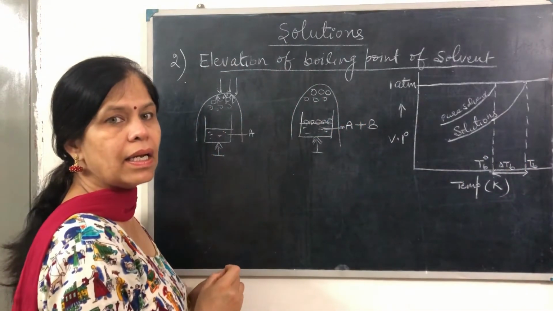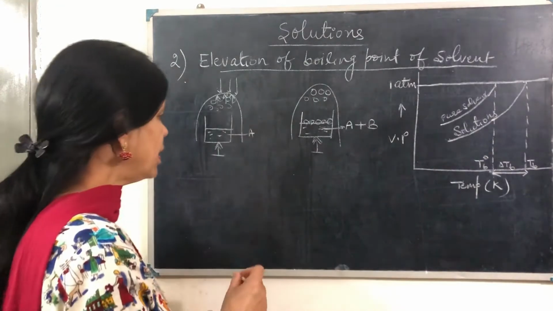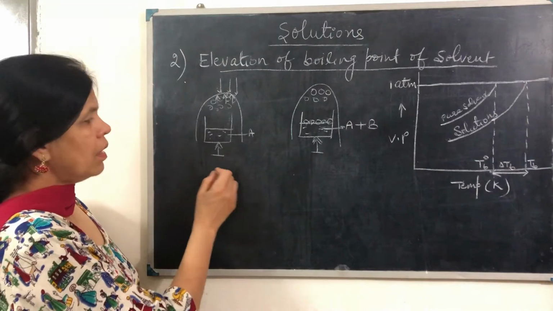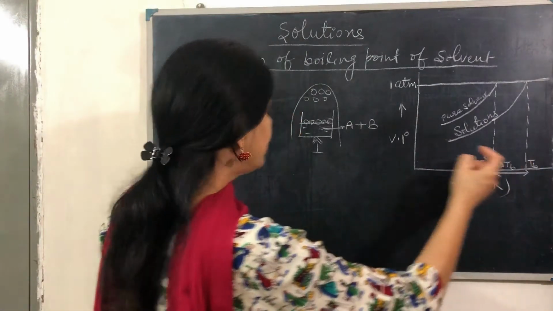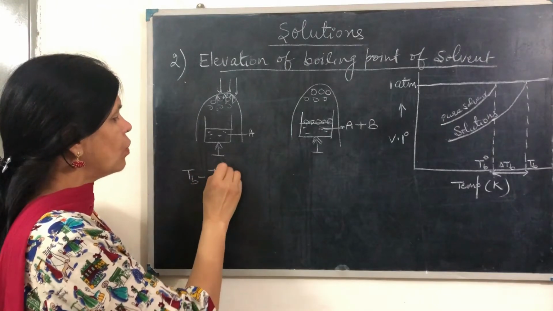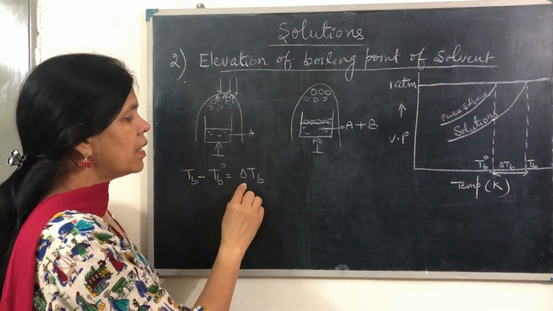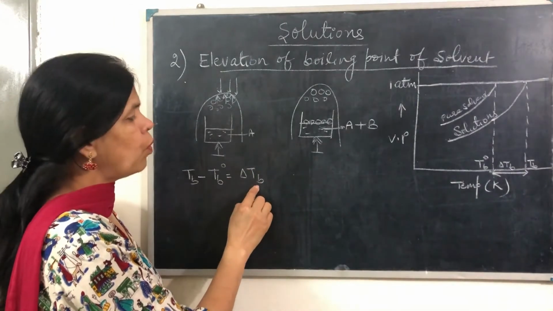Let's see mathematically. Out of the two, which is greater? TB is greater. I'll say TB minus TB naught, which is written as delta TB. Delta TB is elevation of boiling point.